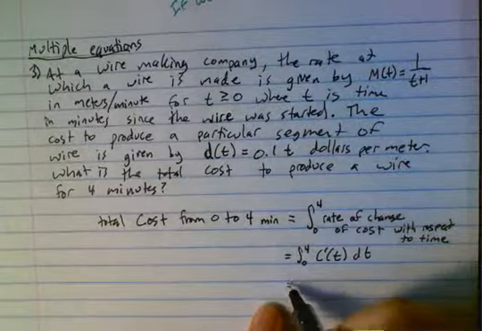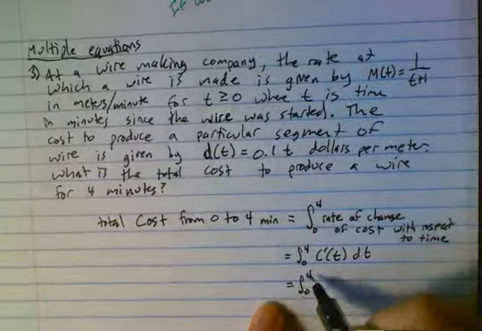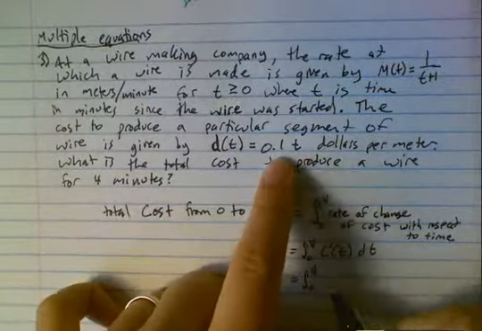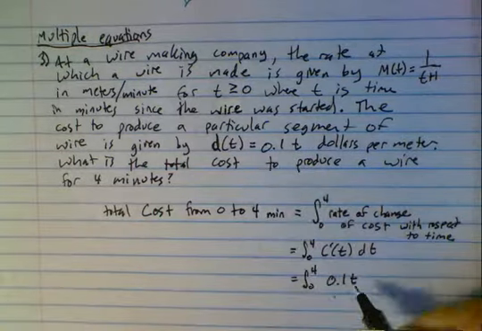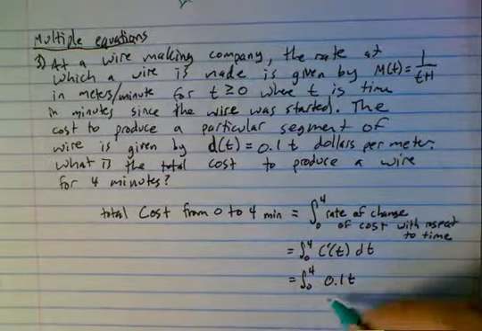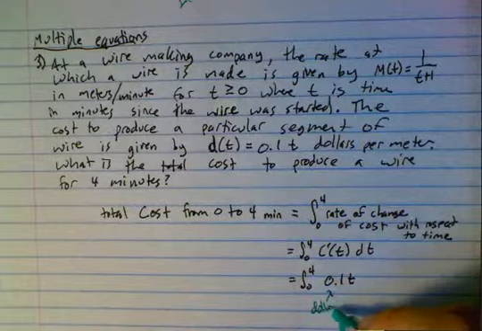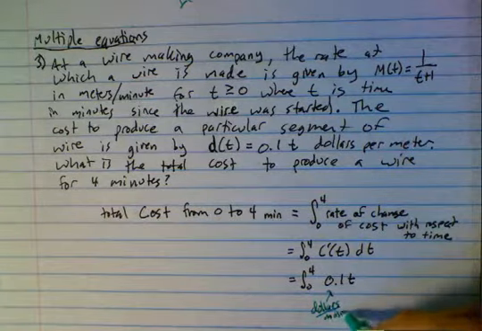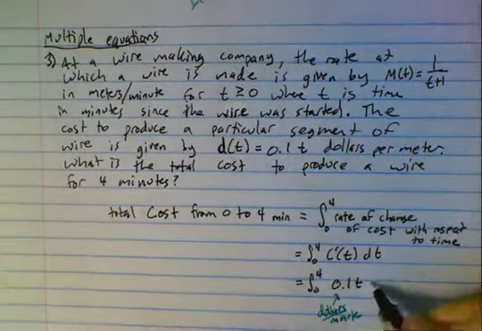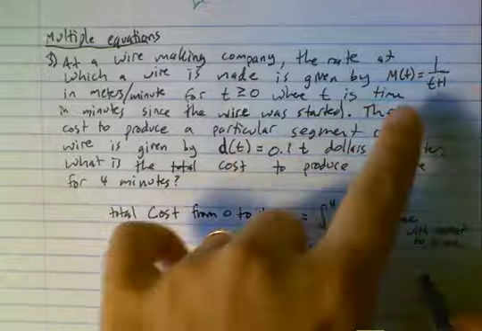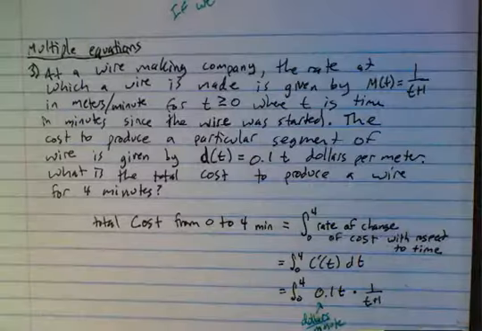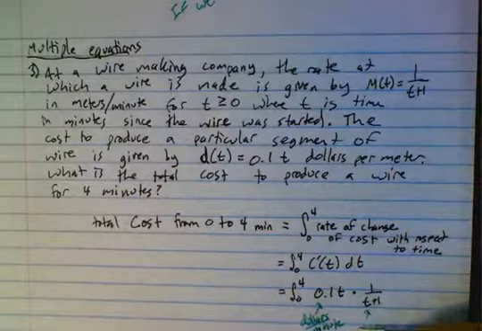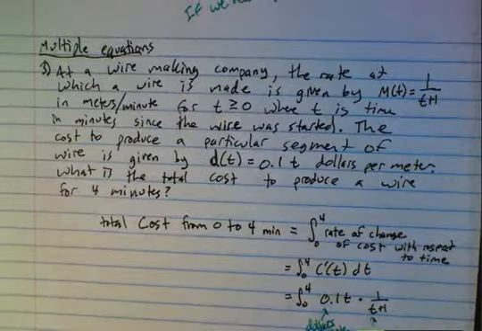So we can do the integral from 0 to 4 of dollars per minute times 1 over t plus 1, which is, oops, excuse me, this was dollars per meter right here.